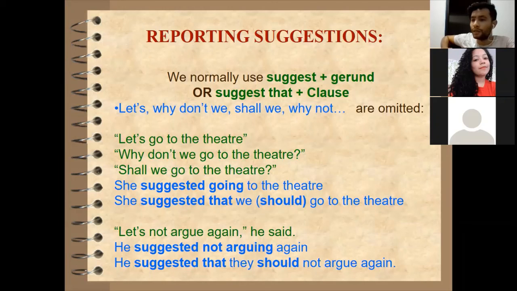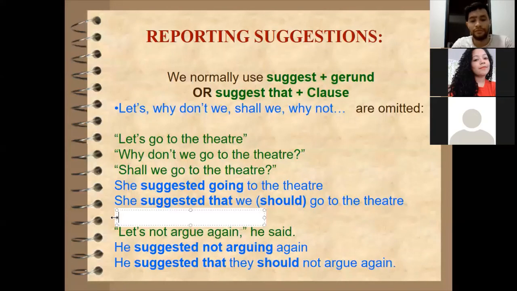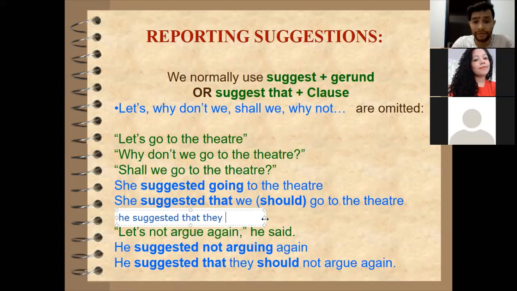He suggested that what? ¿Cómo sería si no usáramos should, people? They what? ¿Alguno tiene una idea?